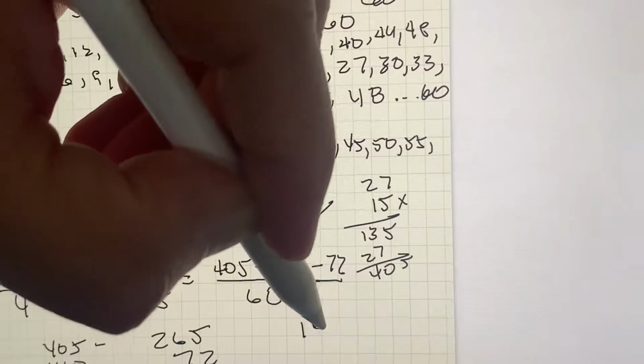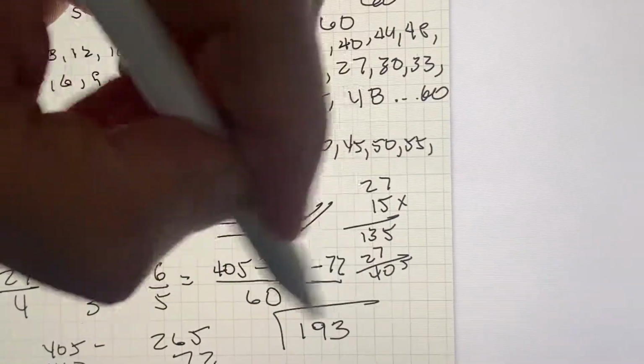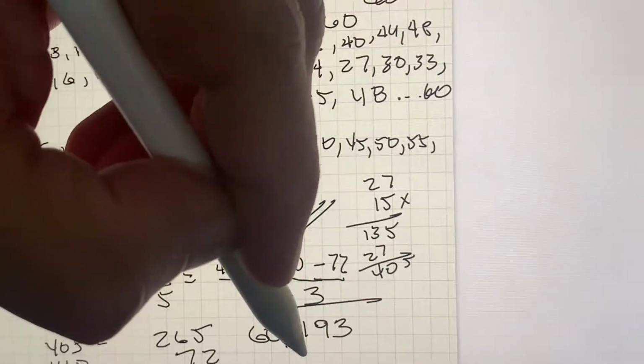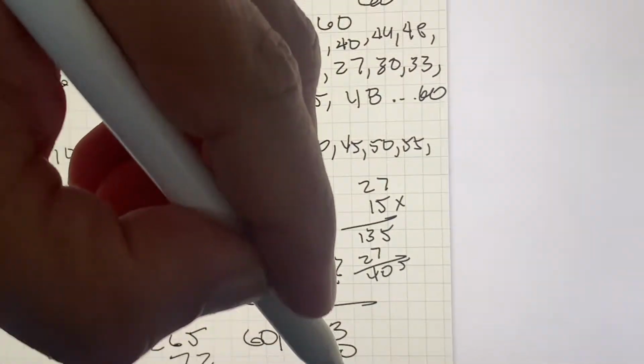So 193 divided by 60 has to be 3, and that gives me 180, so 13.